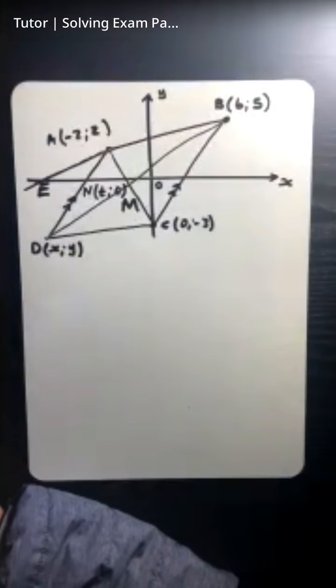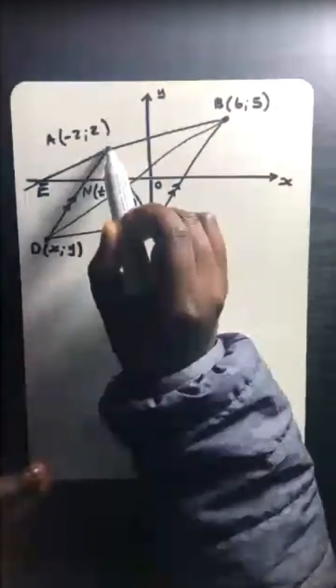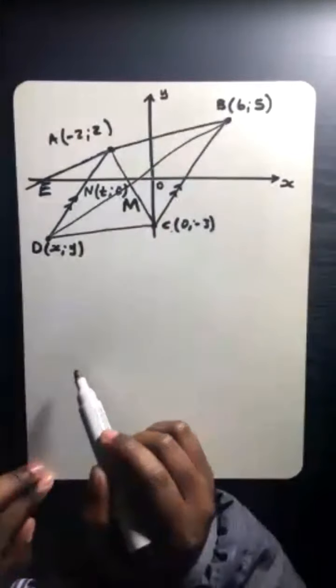The statement says all of these points are the vertices of a quadrilateral having AD parallel to BC. Very important, ladies and gentlemen. They are saying all of these, 1, 2, 3, 4, are the vertices. Remember, the word vertices means corners.